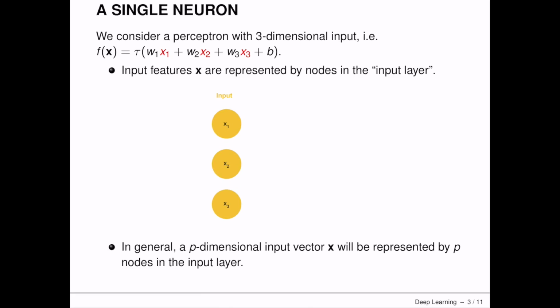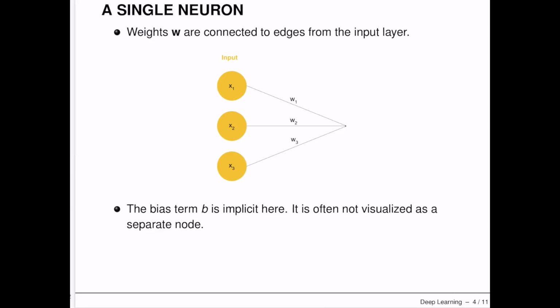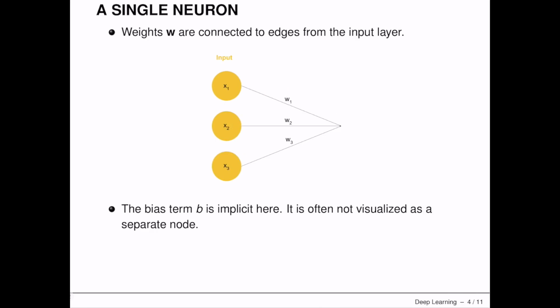In general, if we have a p-dimensional input feature x, we would have p input neurons in the input layer. Now we have connections outgoing from all the input neurons, and each connection is associated with a weight: W1, W2, and W3.